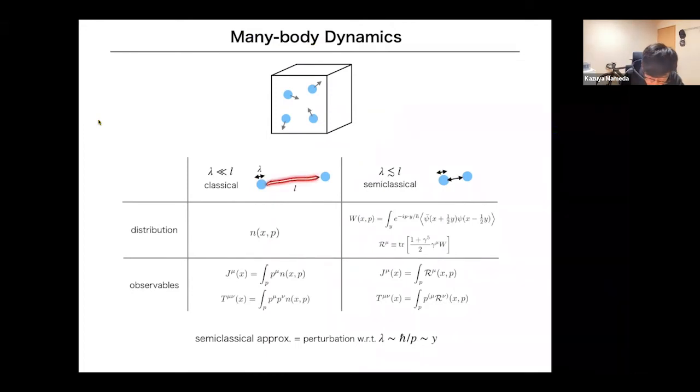And this L is the distance between these particles. Also, we have another scale of this system, which is lambda. This lambda describes the size of the wave function. If lambda is much smaller than L, then we can apply the classical theory to describe the dynamics of the system.